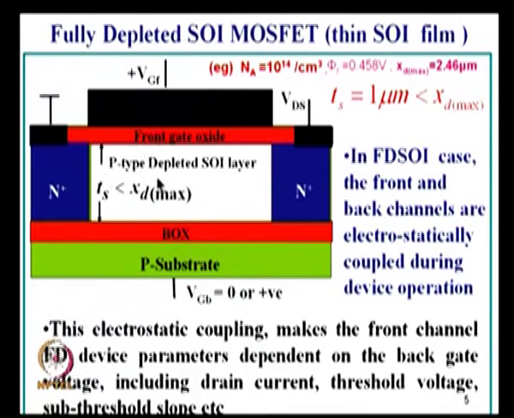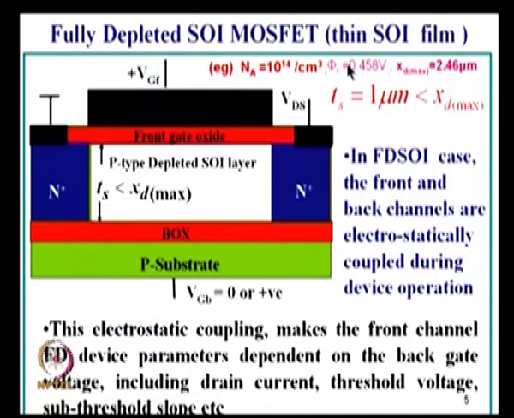If I take the same 1 micron thickness of the SOI layer, and instead of 10 to the power 16, I use 10 to the power 14 doping per centimeter cubed, p type doping, then phi f corresponding to that is 0.458.